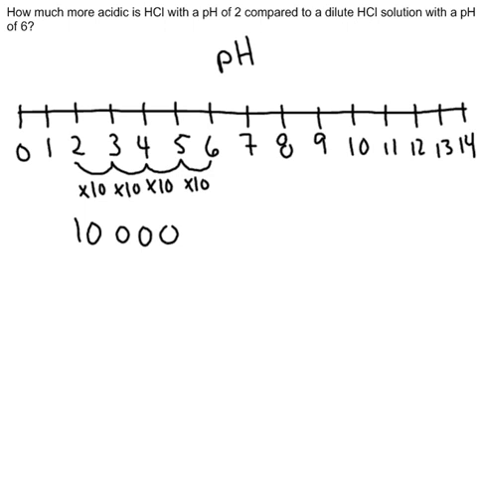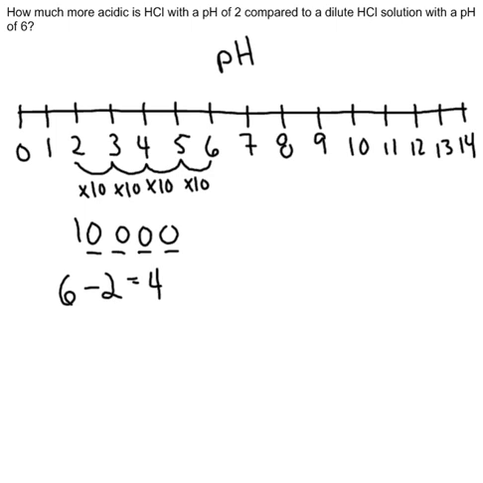And I'm going to give you a quick way to be able to calculate these things. Note how many zeros are in 10,000: 4 zeros. Also note, if you take the pH of 6 minus 2, you get a value of 4. So if you take their pHs and subtract the smaller one from the bigger one, the number you get is the number of zeros you need to put in after the 1 in order to get how much more acidic or basic something is.